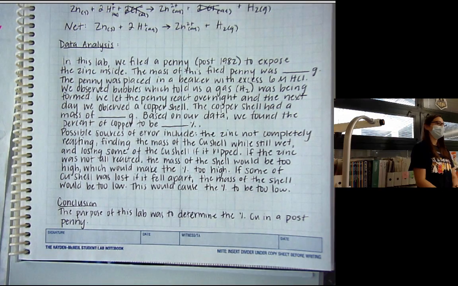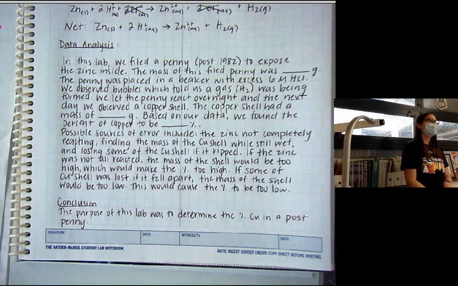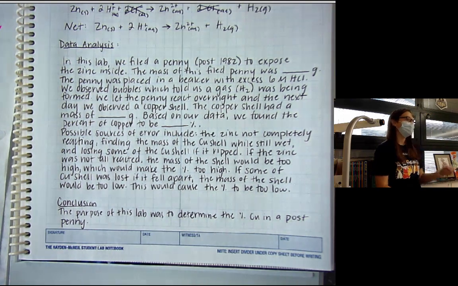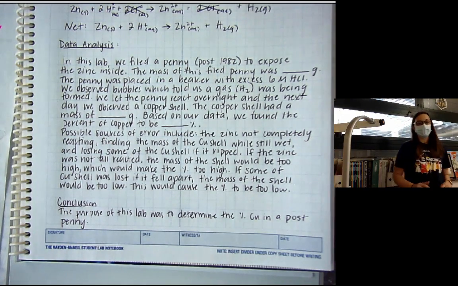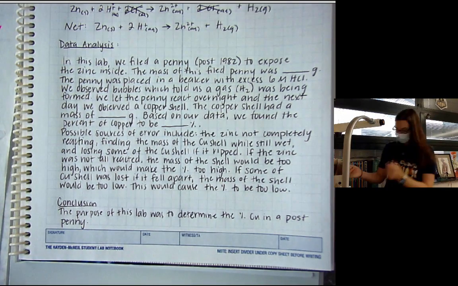Usually the second and final sentence is, did you fulfill it? And then tell me why. Be specific as to tell me why. Give me a number or a value or percent error. So I think we fulfilled this.